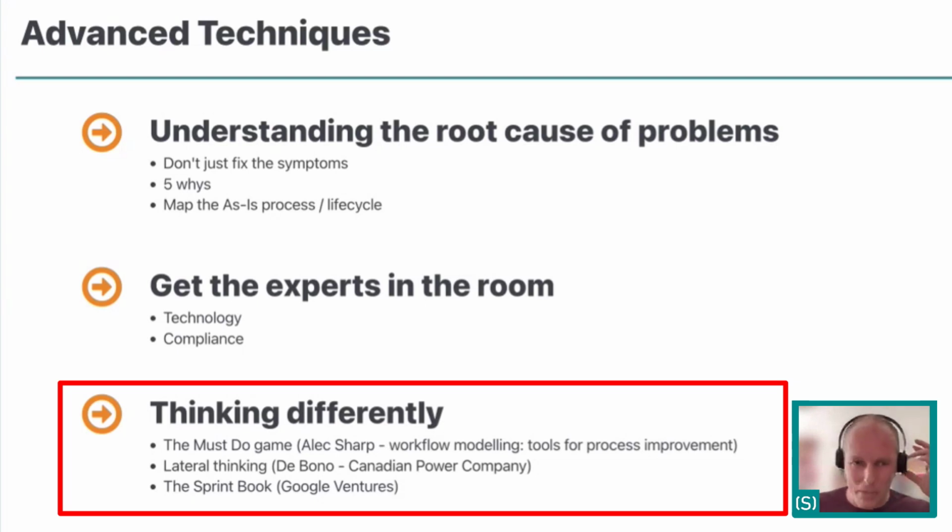The Canadian Power Company is a good one in that they sat people in a room. The problem they had was, Canada is a massive country, with population distributed all over it. When they run overhead power cables across the country to really remote communities, they obviously have very harsh winters. So one of the problems they have to deal with is ice.